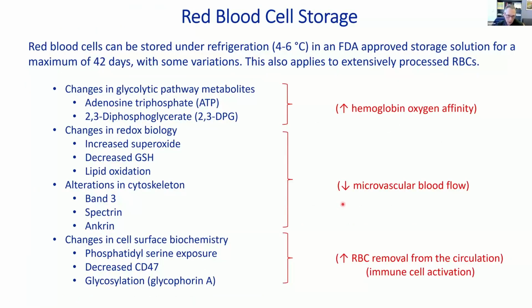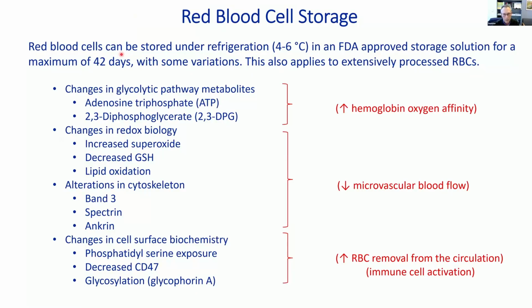When you take red blood cells out of circulation and you store them as you would in a blood bank and prepare them and ready them for transfusion, this is done in a way that is essentially regulated by FDA.